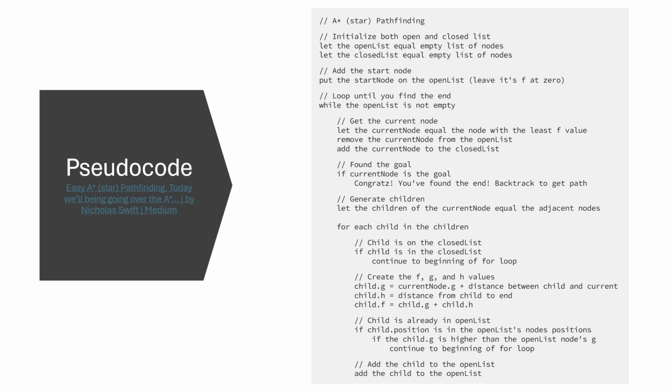If we haven't, then we're going to compute the G, H, and F values for this child. If this child is already in the open list, then we're not going to add the child to the open list. If it is not in the open list, then we're going to add the child to the open list. And then we're going to iterate over and over again until we find the optimal trajectory.